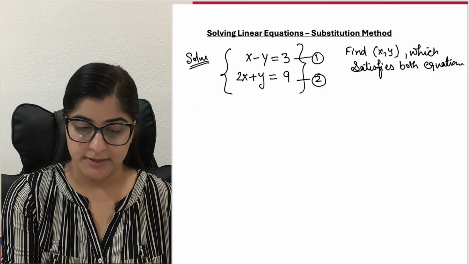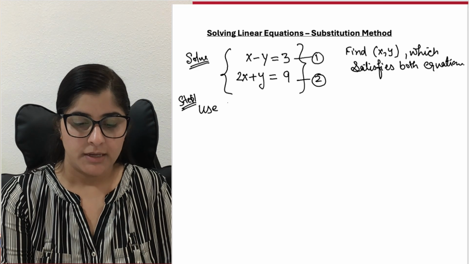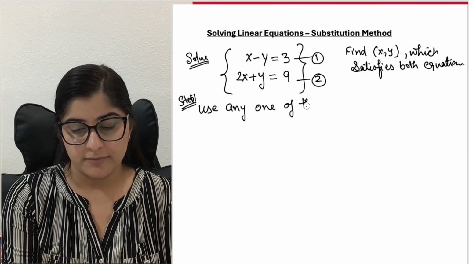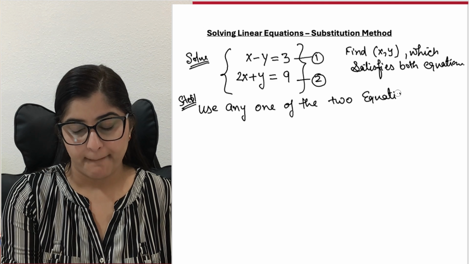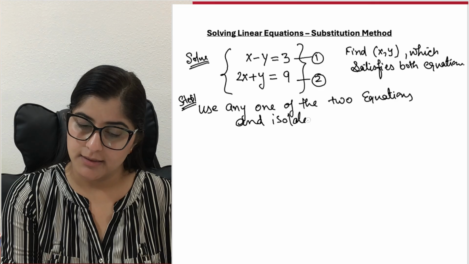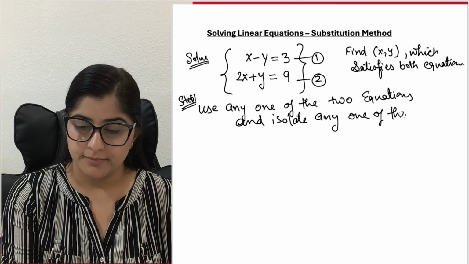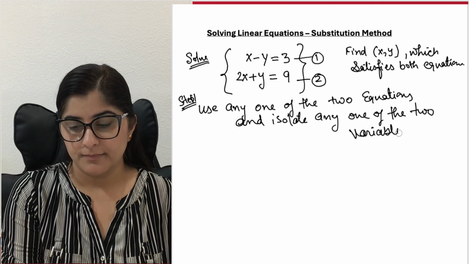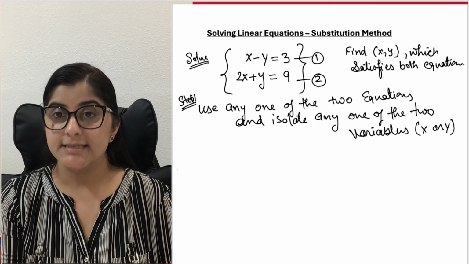So step 1 is: use any one of the two equations and isolate any one of the two variables, either x or y. So whatever is easy for you.